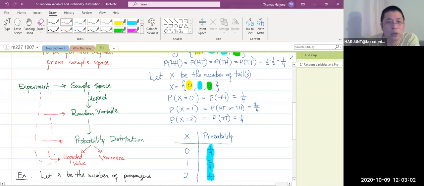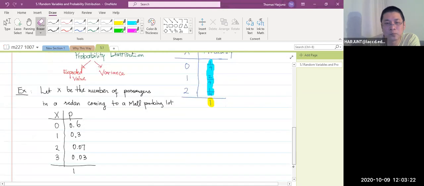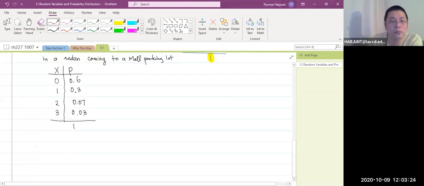Now, the way I teach you for the rest of today is I will go in that order. I will first teach you how to go from probability distribution to finding the expected value and variance. Definition and formula.